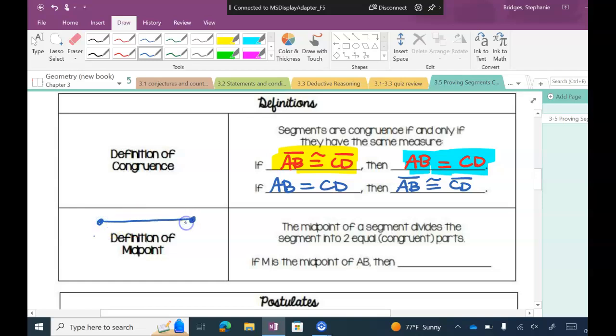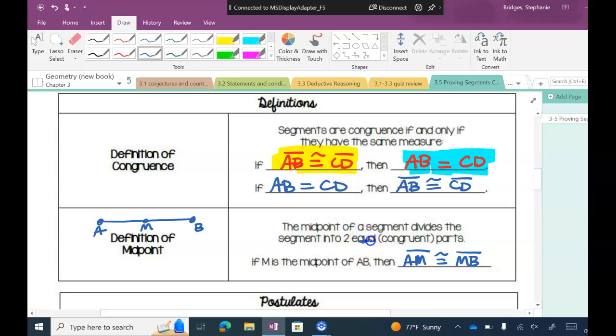If M is the midpoint of segment AB, then what two segments are congruent? Look at that picture I just drew. AM is congruent to MB. So if you have a midpoint, you can tell me that two segments are congruent.